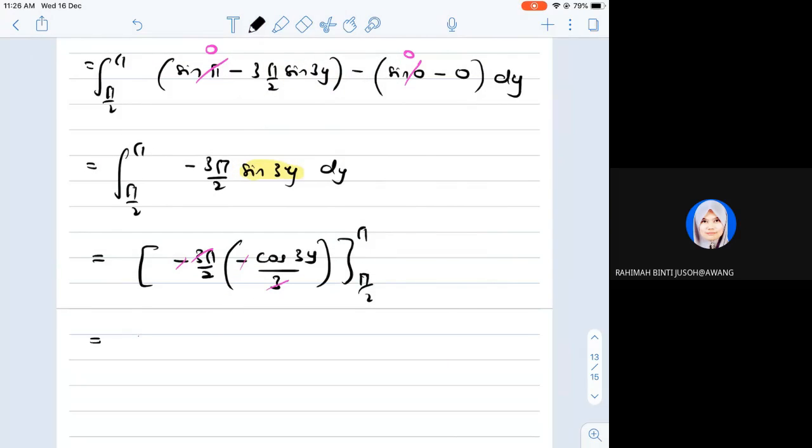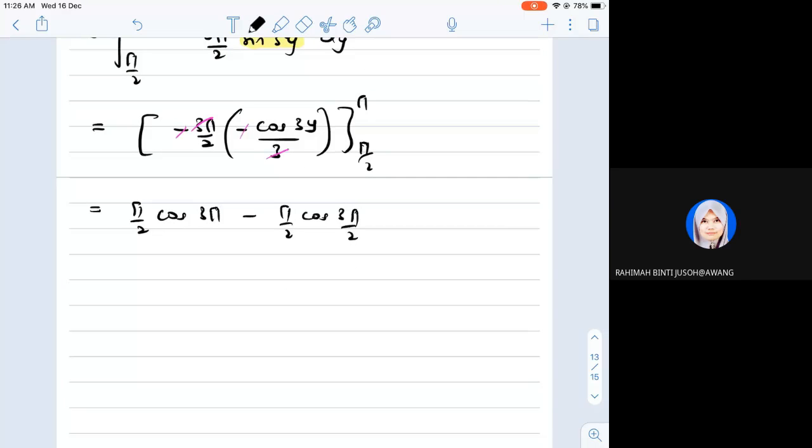So now we have pi over 2 cos 3 pi minus pi over 2 cos 3 pi over 2. Okay. So cos 3 pi over 2 is 0. So cos 3 pi is negative 1. So we will have negative 1 times pi over 2 is negative pi over 2. Okay, that's it.